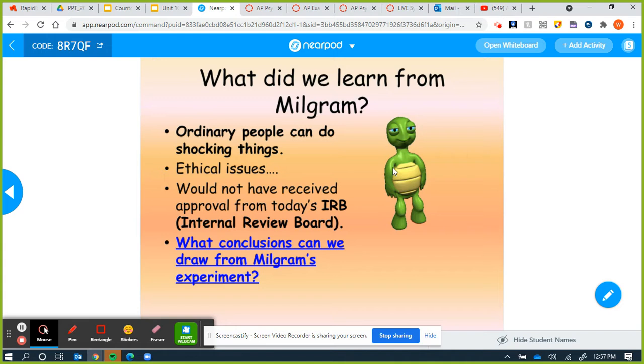Some of the factors that went into this, though: they found that if the teacher could see the learner, the shock rate went down considerably. In that one, they were on the other side of the wall, so they couldn't see them. If the authority figure was dressed like a normal person and not in a white lab coat, obedience went down considerably.